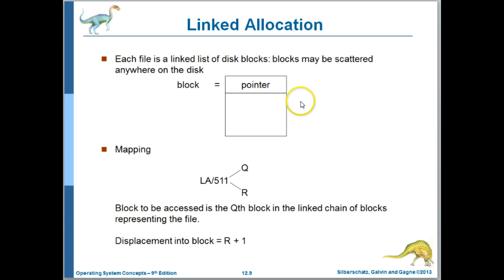So then given that 1 byte pointer, that implies that we have 511 bytes left for data within each block, hence leading to the logical address to physical address mapping of dividing by 511. Right, the quotient then is which block in the linked list the byte we're trying to access is located in, and the remainder is the offset into that block where we'll find the byte.